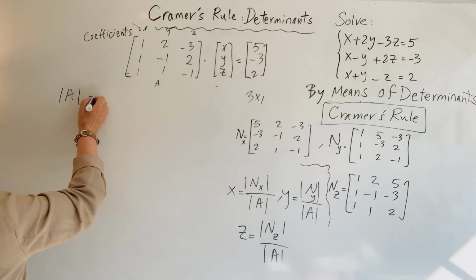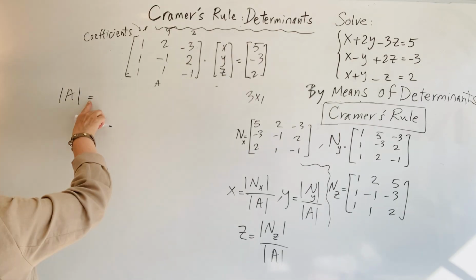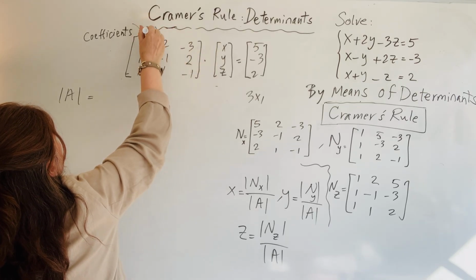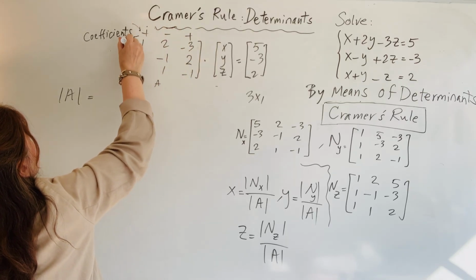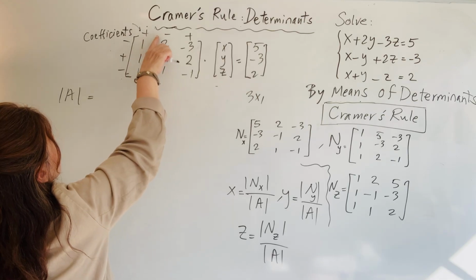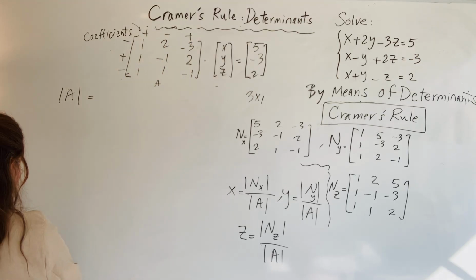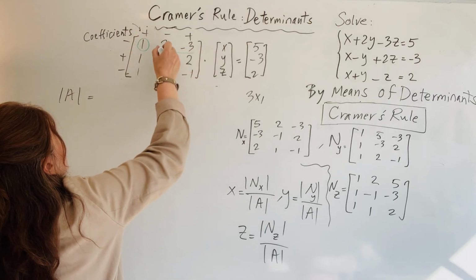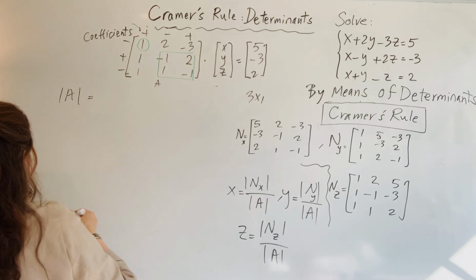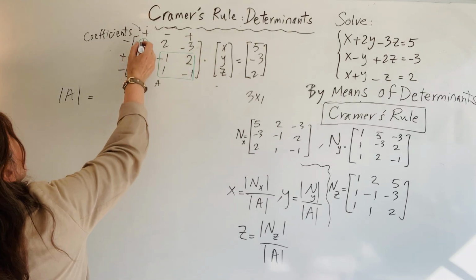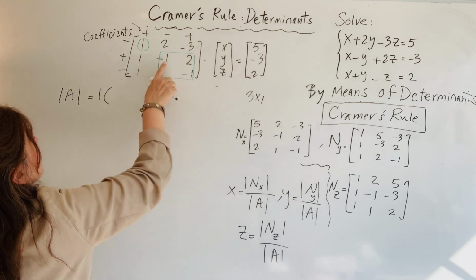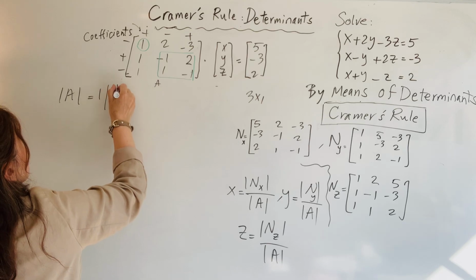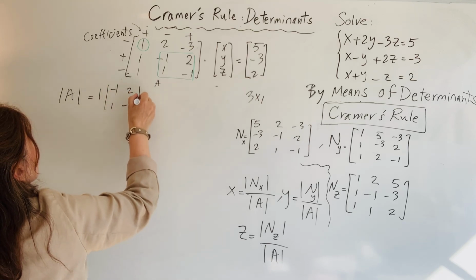The determinant of A: we use the signs positive, negative, positive. This positive one means we use this entry, multiplied by the determinant of the rest. That is 1 times the determinant of negative 1, 1, 2, negative 1.